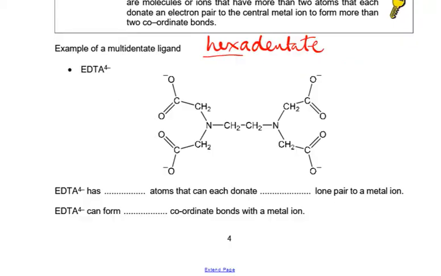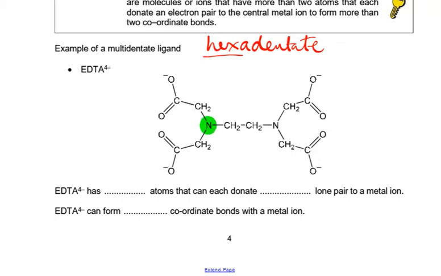In terms of the multidentate ligands that we need to know about, there's really just this one, which is the EDTA with a charge of 4-. We'd refer to this as a hexadentate ligand, as there are 6 atoms on this complex which are able to coordinate to the metal ion.